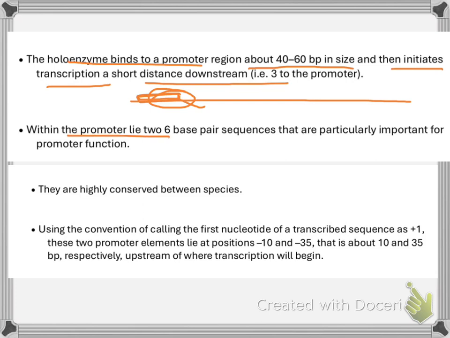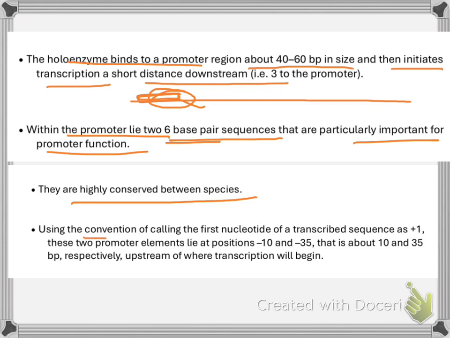Within the promoter, there are two 6 base pair sequences. They are particularly important for promoter function and are highly conserved between species.